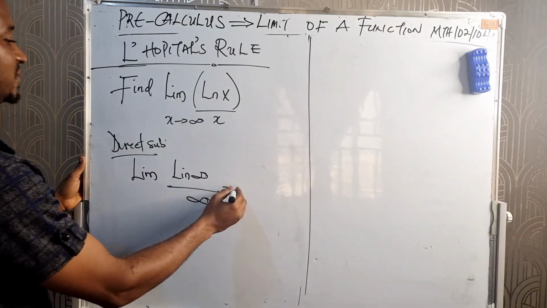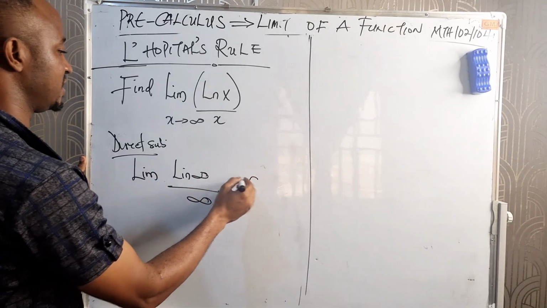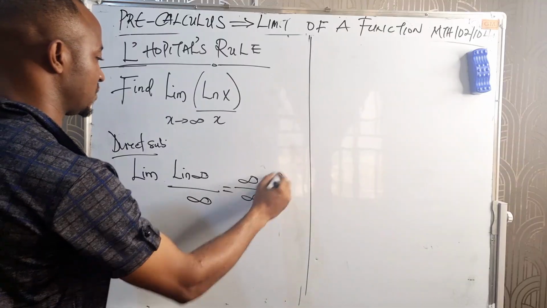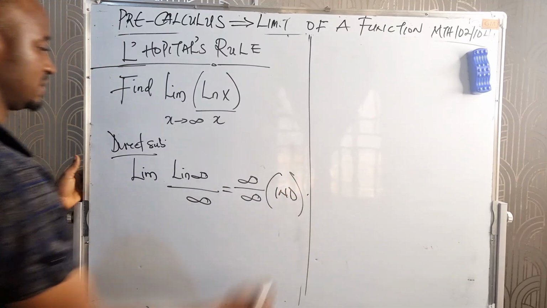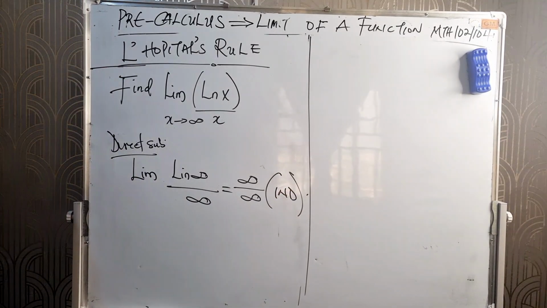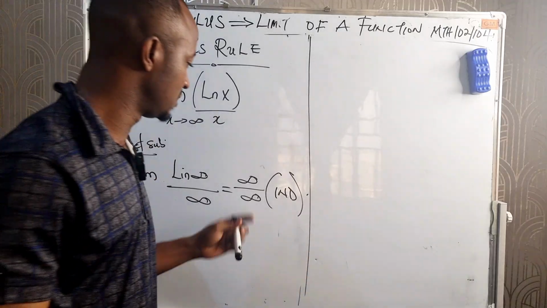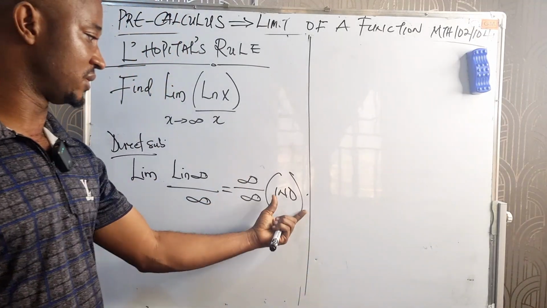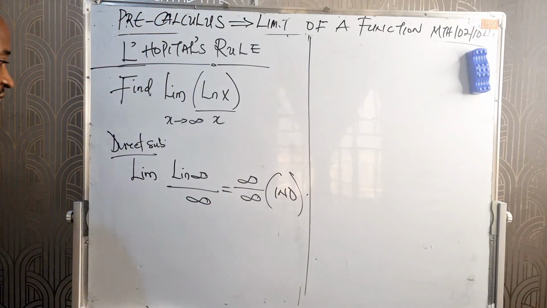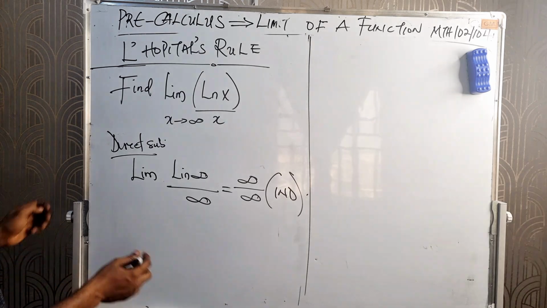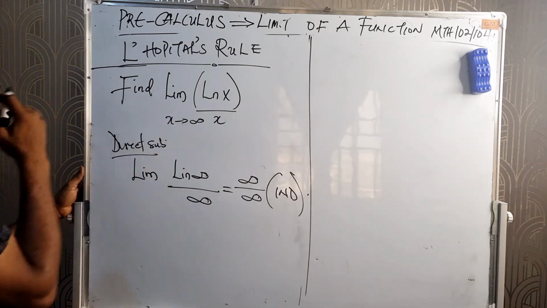Ln infinity over infinity will still give us infinity over infinity, which is also an indeterminate form. It's like saying it's approaching 0 over 0. Also an indeterminate form. So we can then apply the L'Hopital's rule here.